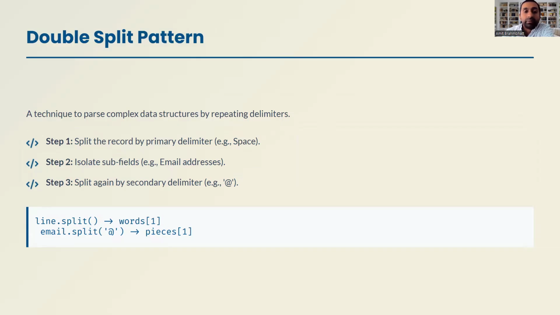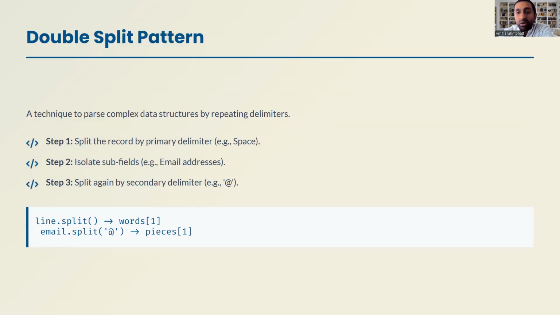Double split pattern. Let's take a brief practical detour to see how these combinatorial ideas manifest in computer science, specifically in data processing. When parsing complex text records, programmers often use a double split pattern. Imagine a log file where each record contains multiple email addresses separated by spaces, and we want to extract just the domain names.